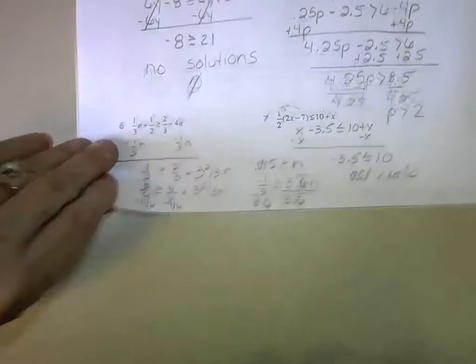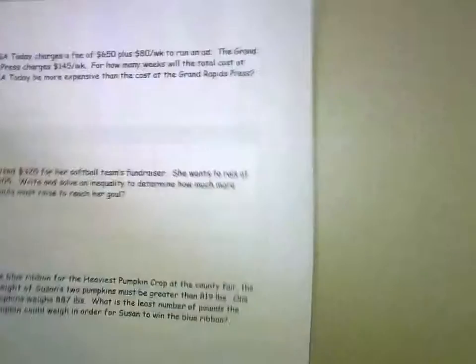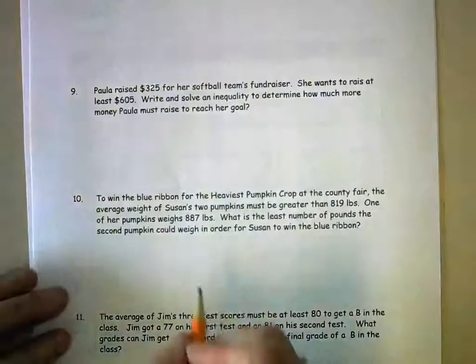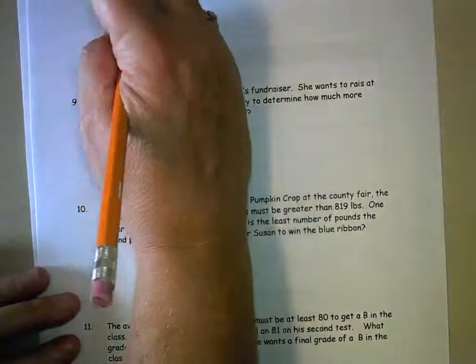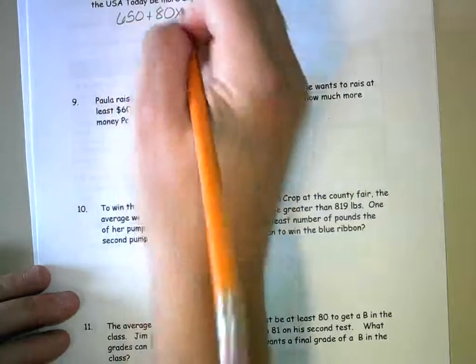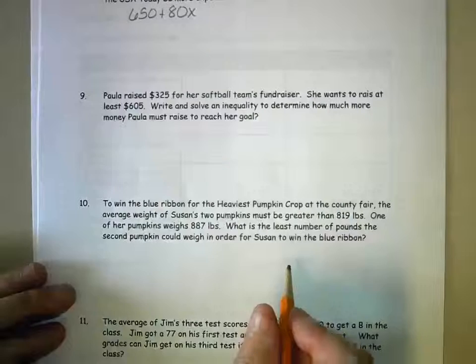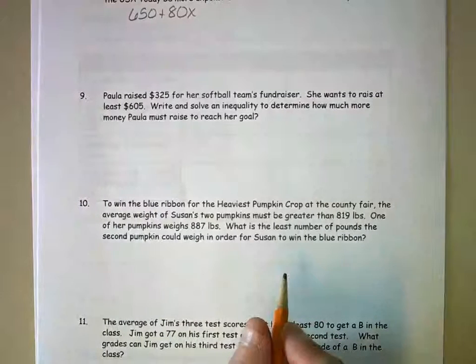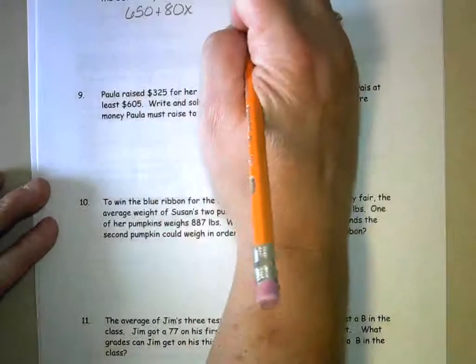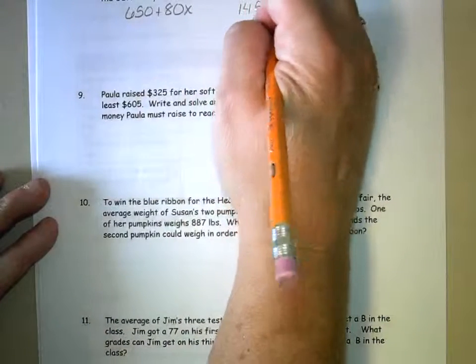The next page, we have some story problems. USA Today charges a fee of $650 plus $80 a week. So I'm going to write that as $650 plus 80x. Grand Rapids Press charges $145 a week.